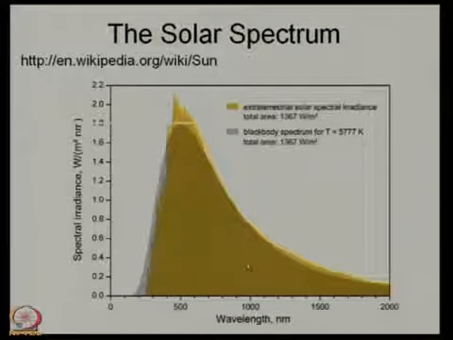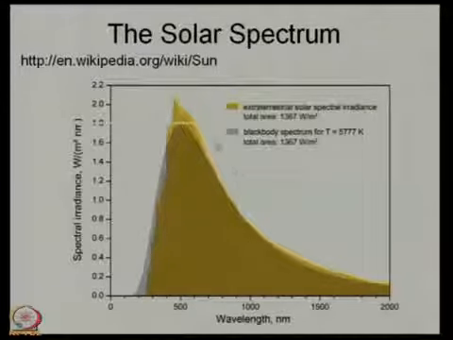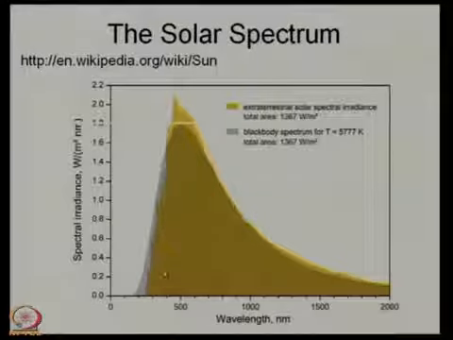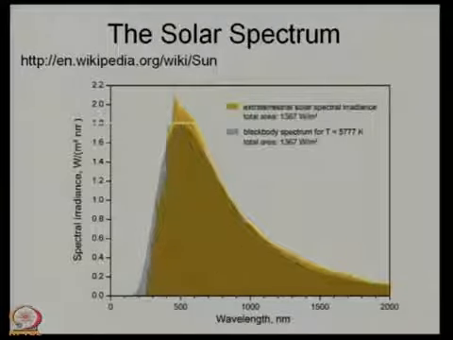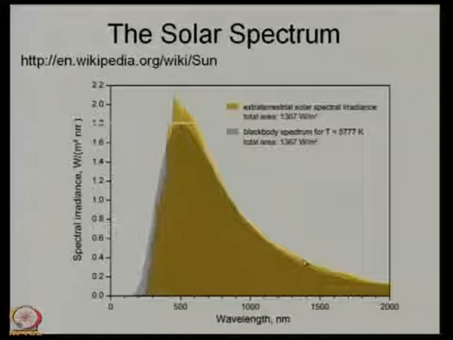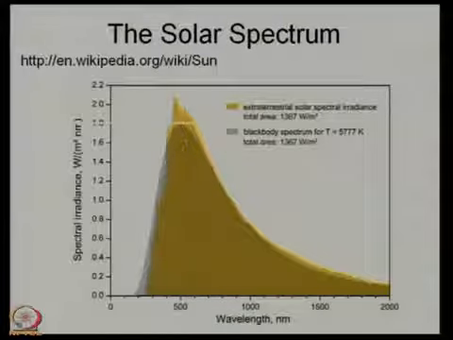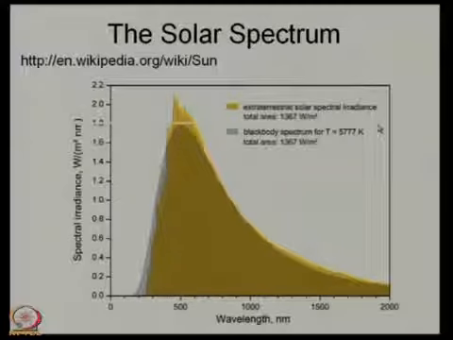Now, the match, as you can see, is quite good in this region. In the visible, the ultraviolet, and the infrared, the solar spectrum is quite well fit by a black body at 5777 Kelvin.